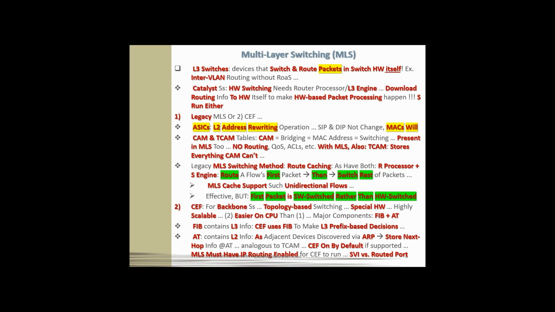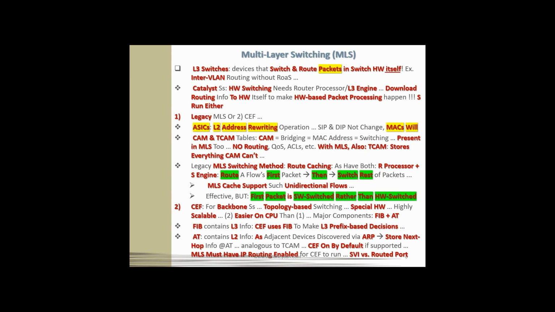So we need another table called TCAM with MLS, or multi-layer switching. TCAM basically stores everything that a CAM table cannot. And this everything includes information regarding quality of service and access control lists.